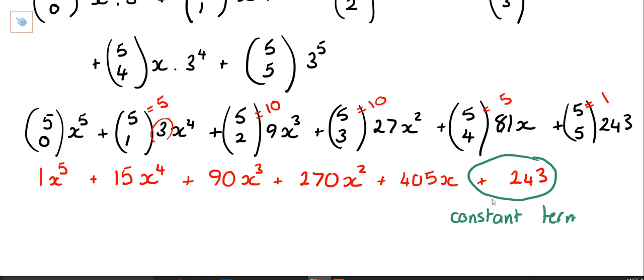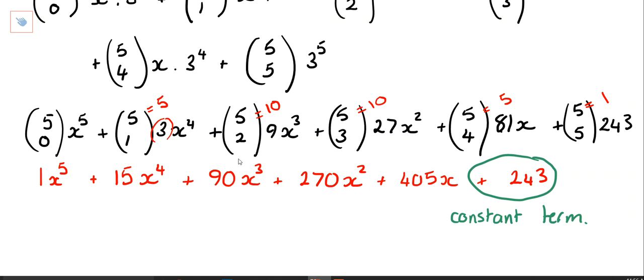Any ideas why you think it's called a constant term and why the others are not a constant term? Because it doesn't have any other variables, with no x's. Exactly, it doesn't have a variable. So the others, their values will change depending on what value I put in for x.